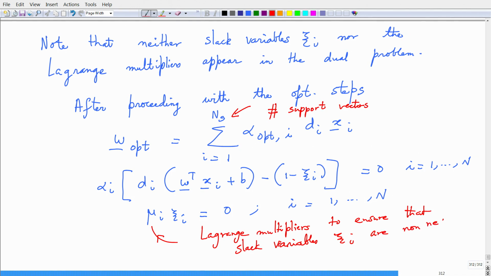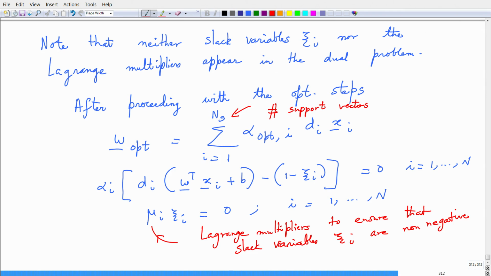So you need to have constraints over the slack variable zeta I. Therefore, you bring in Lagrange multipliers mu I to ensure that they are non-negative. So these are some important considerations.